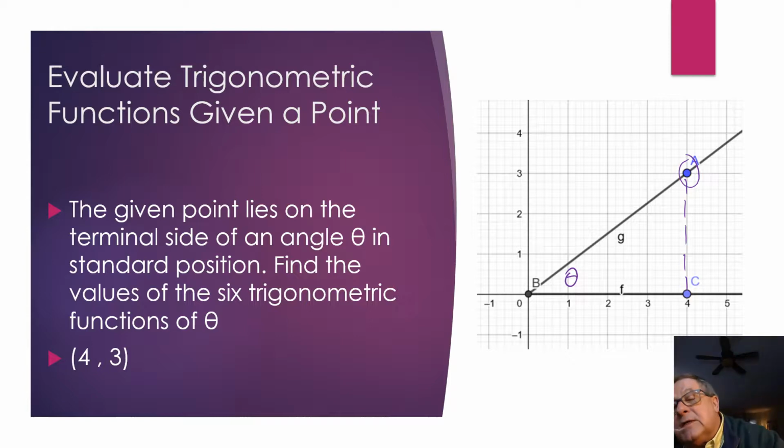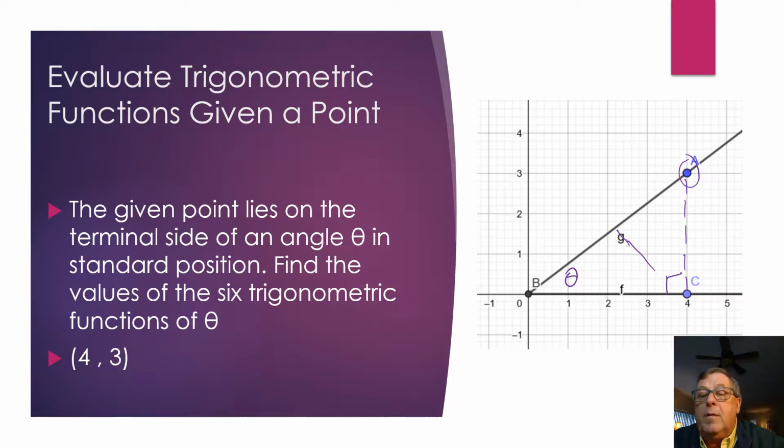Now, if we imagine or draw a line coming down from the terminal side back down to the x-axis, you can see that this forms a right angle. Now, let's locate our hypotenuse, which is right here, where it's showing ray G. That's a ray. It looks like a line, but it's actually a ray. All right. Well, that's the hypotenuse.